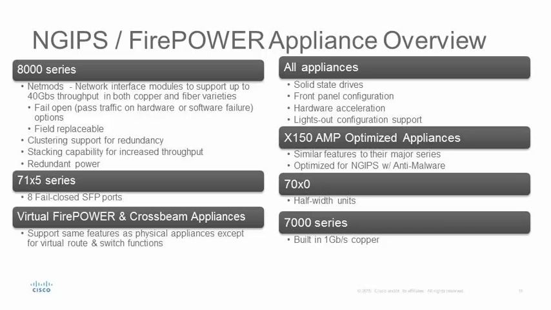The 7000 series, including the 7010, 7020, and 7030 appliances, all are half-width, 1 rack unit boxes. They have 8 fixed 1 gigabit per second copper interfaces, all with built-in configurable bypass capability. There is a shelf kit available that allows for mounting of 1 or 2 of these 7000 series systems into a standard network rack, consuming 1 rack unit of space.